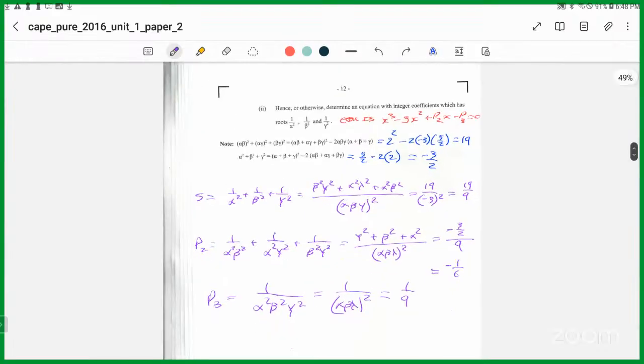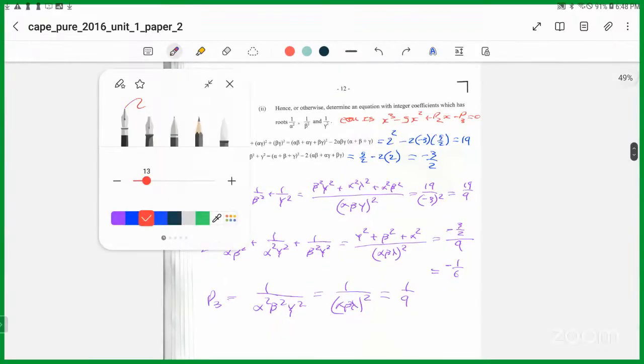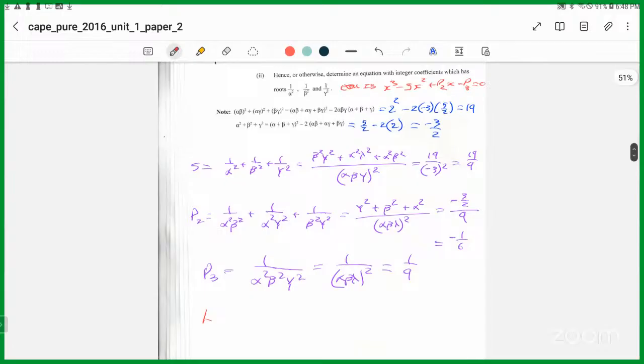Alright, so I can write off the equation now. The equation is x cubed minus this s, which is 19 over 9 x squared, plus p2.